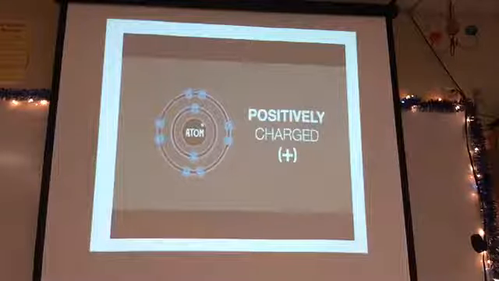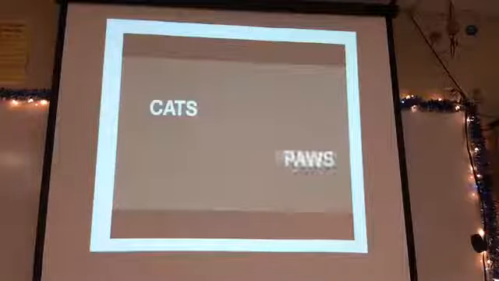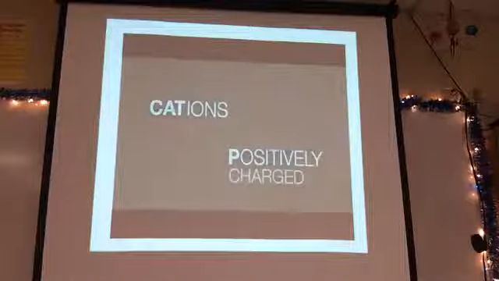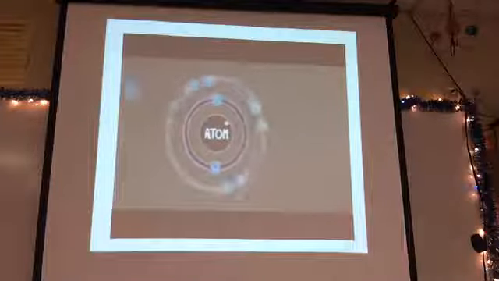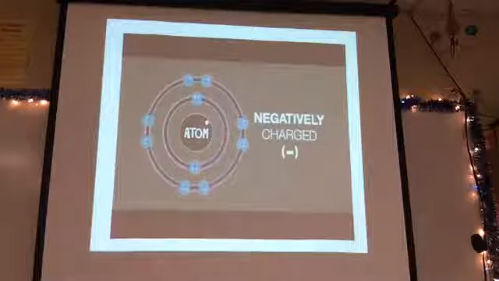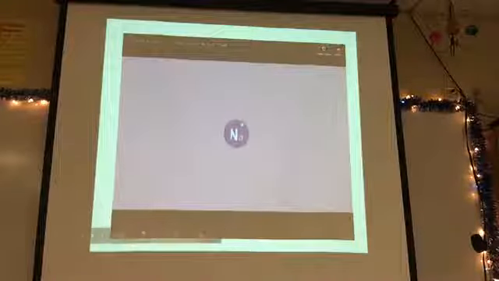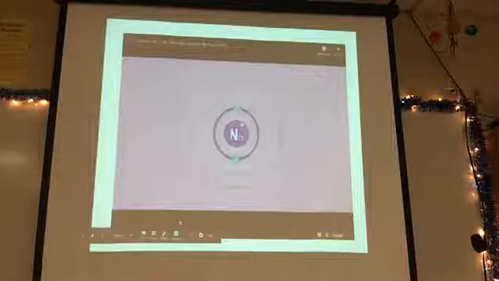Positively charged ions are called cations. An easy way to remember this is to recall that cats have paws. When an atom gains electrons, they become negatively charged. Negatively charged ions are called anions. Let's look at sodium as an example. Its electronic structure is 2.